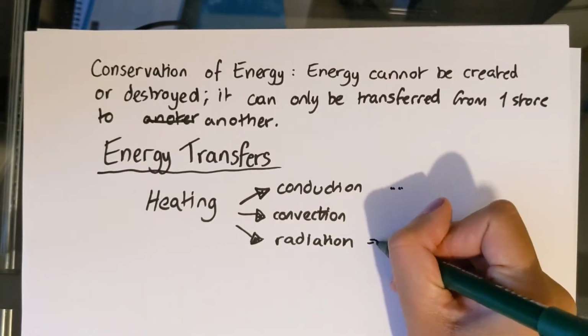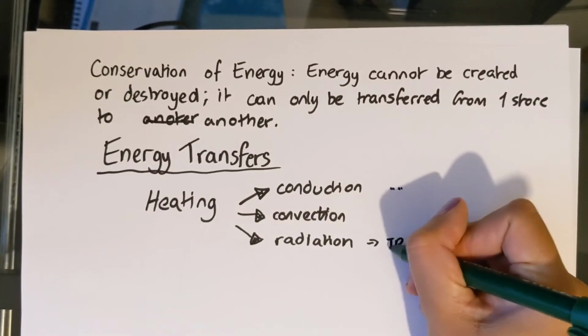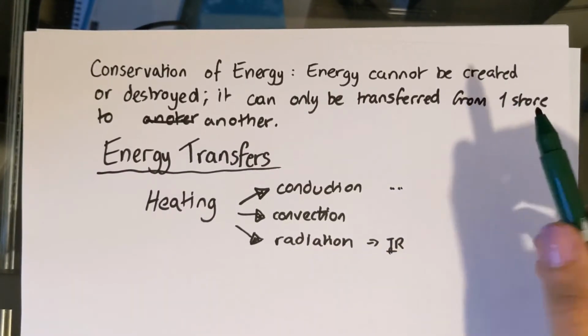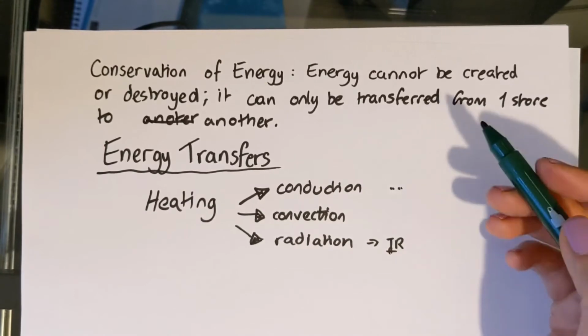We do that later on in the waves topic, where we talk about infrared radiation, and we talk about good emitters and absorbers. Okay, but thermal energy is really key.